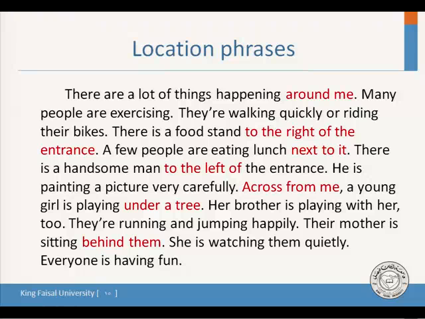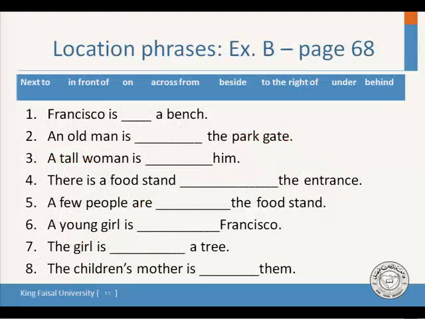Across from me, the camera is across from me. I am across from the camera. Under a tree is above and I am sitting under a tree. Behind them, behind. Okay, all these are location phrases and you need to know the meaning of all of them.